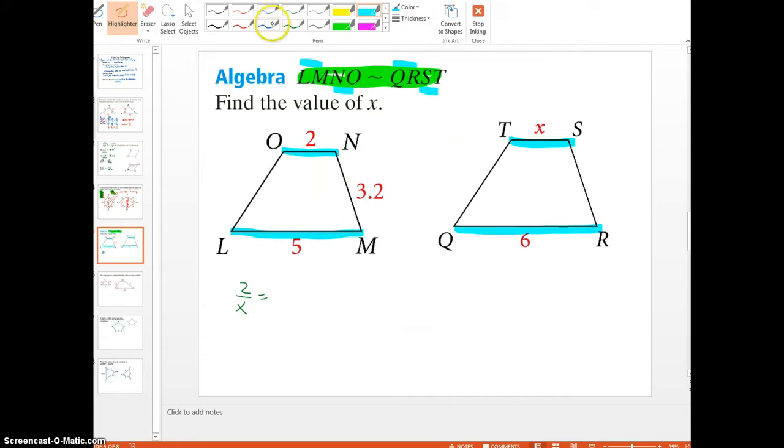So I set that ratio up in the same order. If I put this in the numerator and this in the denominator, it must stay that way. So 2 over x equals 5 over 6. Now I can go ahead and solve for x by cross multiplying. 5x equals 12. x equals 12 fifths. And I prefer it to be left in improper fraction form.